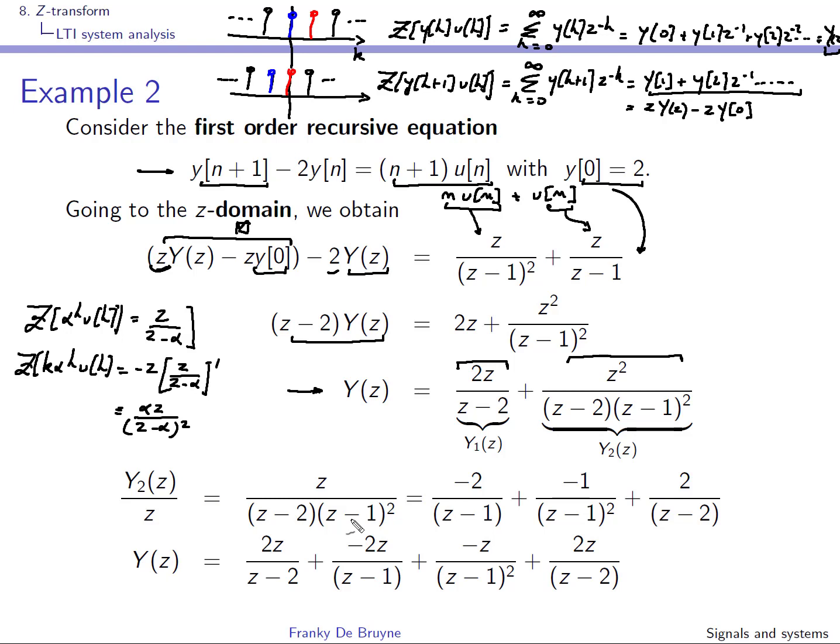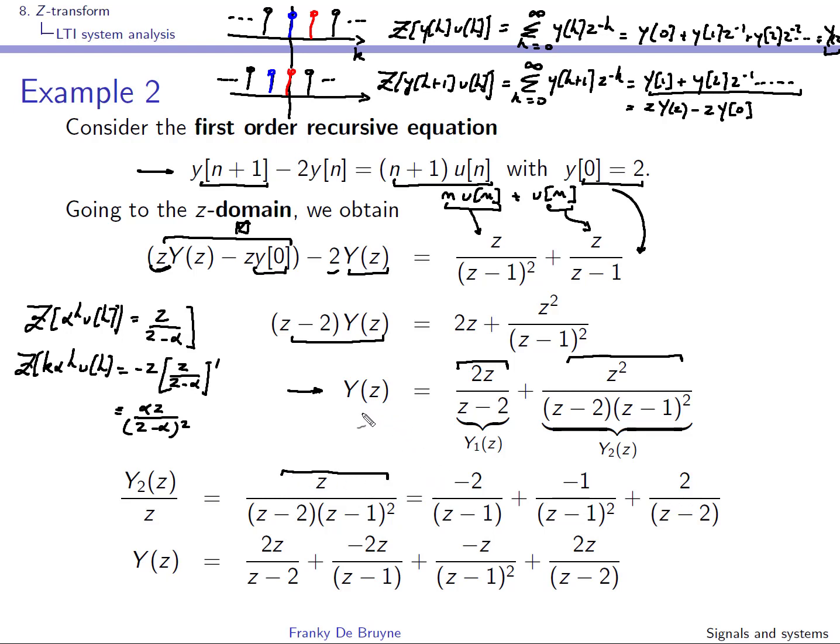You'll have a third order at the denominator, so you need three constants, A, B, and C. And if you compute A, B, and C, I'll leave this as an exercise. These are the three terms that you obtain. Again, do not forget to check this by putting everything under the same denominator and see that you obtain this again, right?